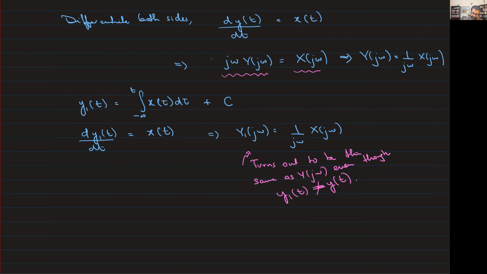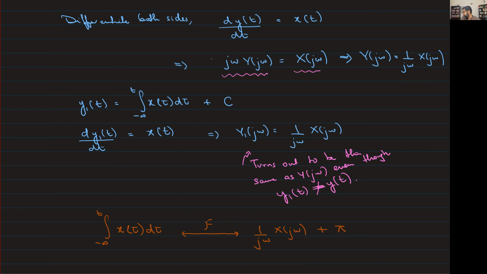So it turns out that for the integral from minus infinity to t of x of tau d tau, the Fourier transform is indeed 1 upon j omega times x of j omega. But then there's a term that only exists at omega equals 0, because omega equals 0 was a problem.